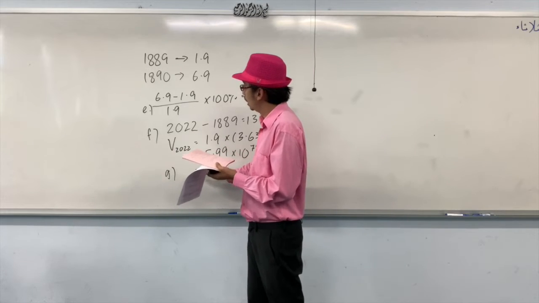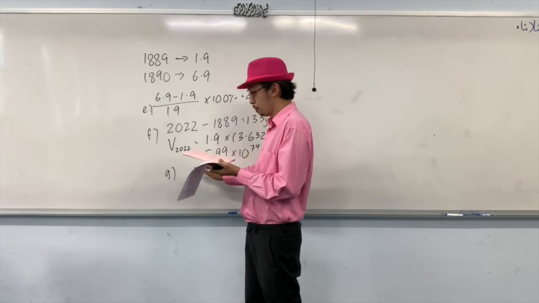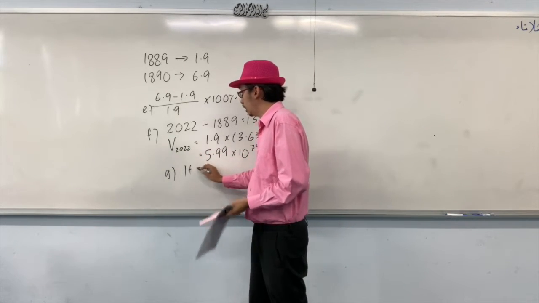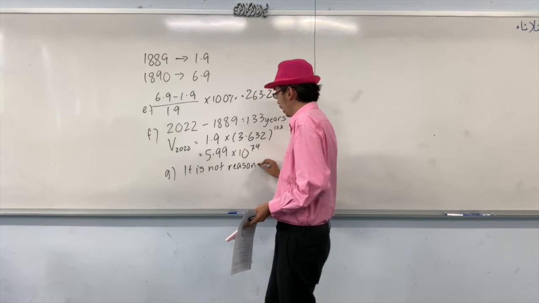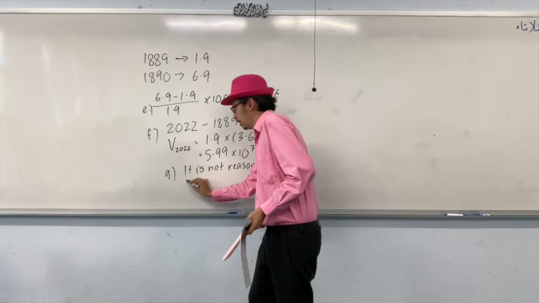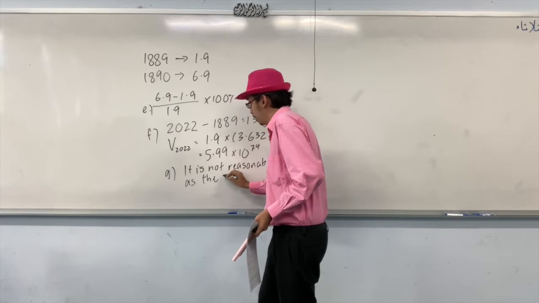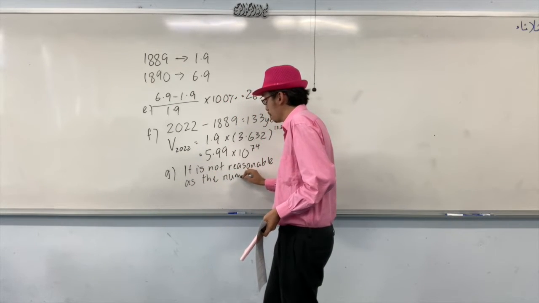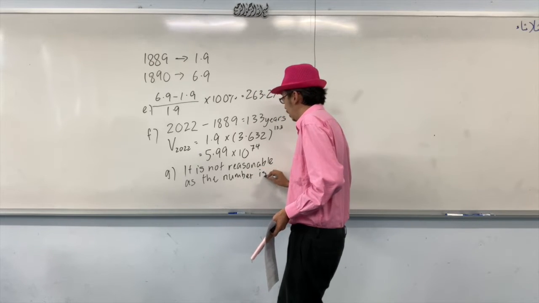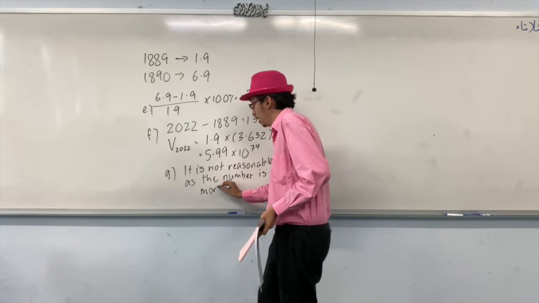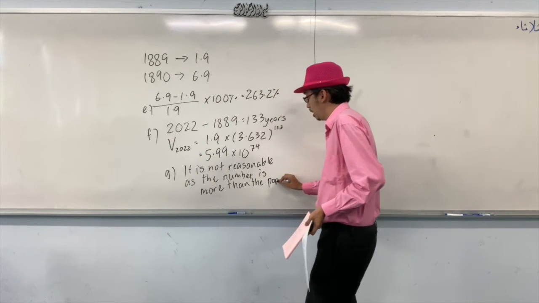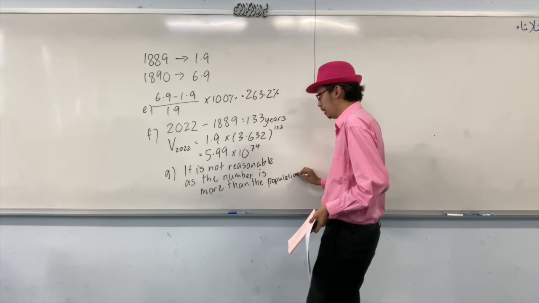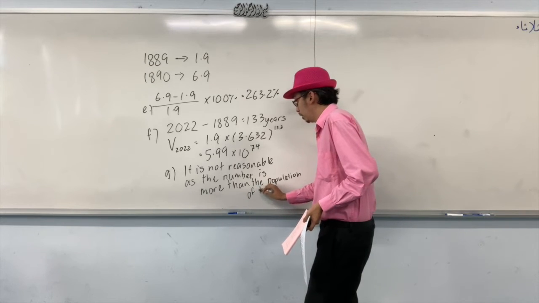So for part G, it is not reasonable, as the figure is more than the world population.